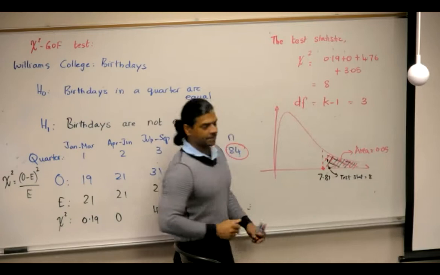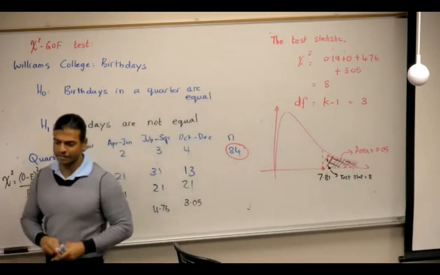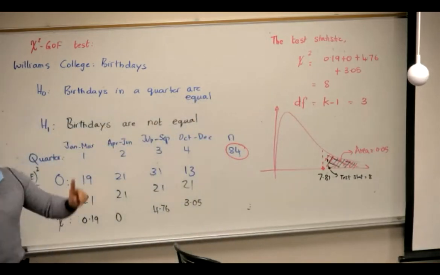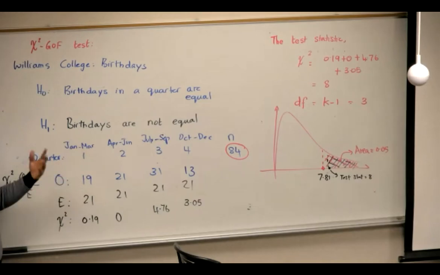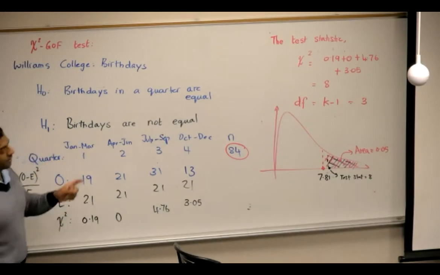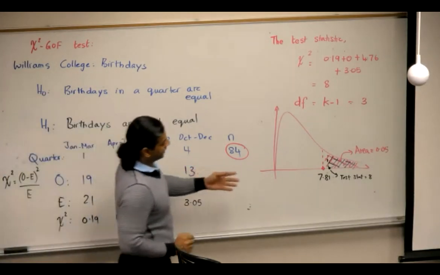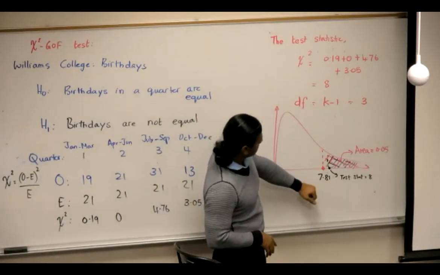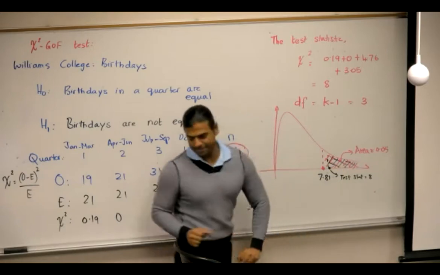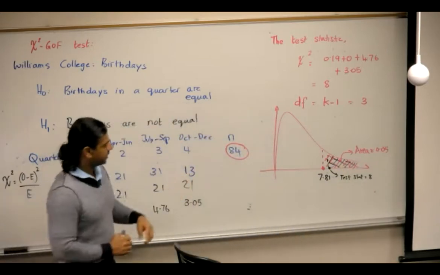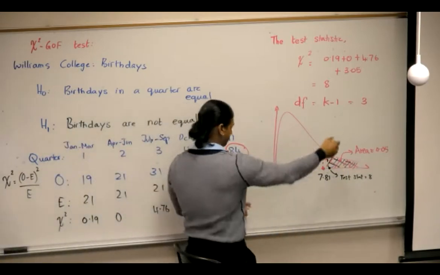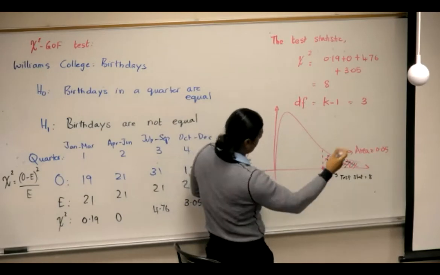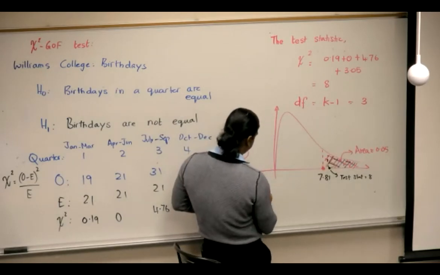The area in black is definitely going to be less than the area in red, which is alpha. The critical value we obtained from our chi-squared table is 7.81. The test statistic is 8, greater than 7.81.